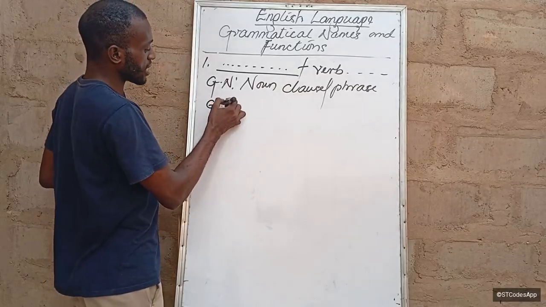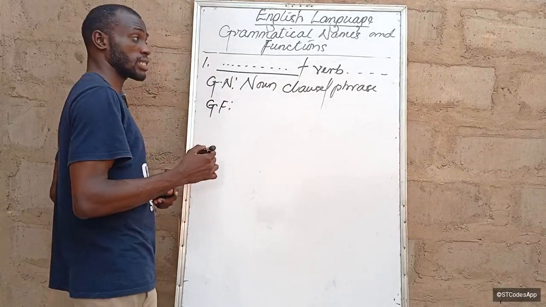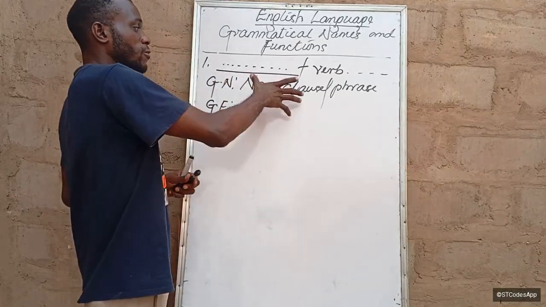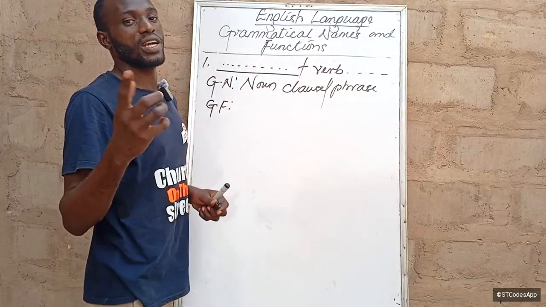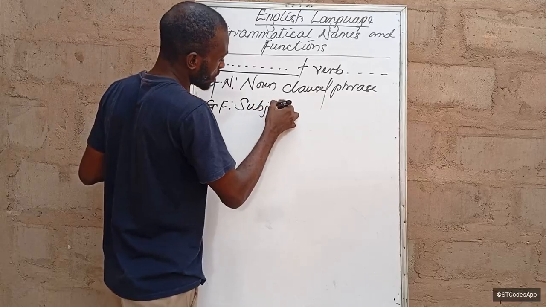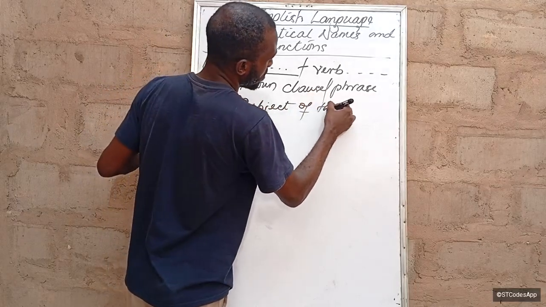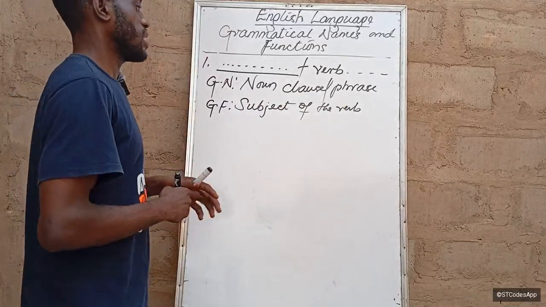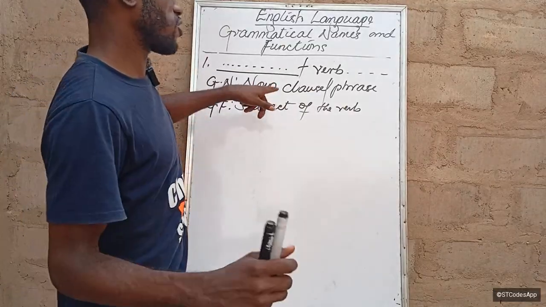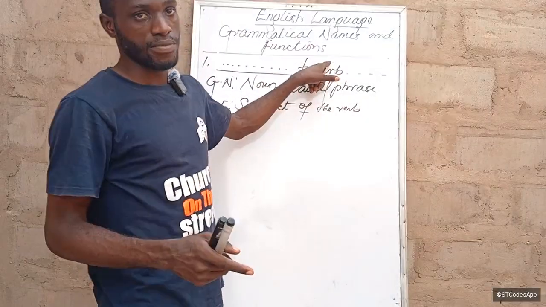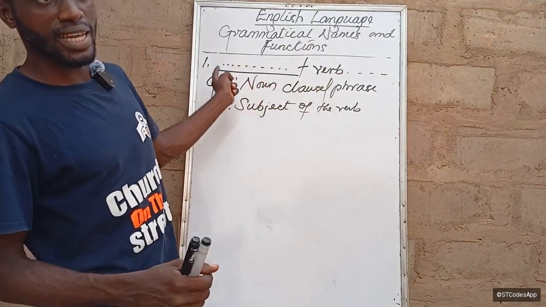Now, what would be the grammatical function? When a noun starts a sentence, what is it likely to be? It's going to be the subject of the verb. Is that clear? Now, which verb is that going to be? It's going to be the subject of the verb that it is preceding. So, it is an antecedent to the verb.